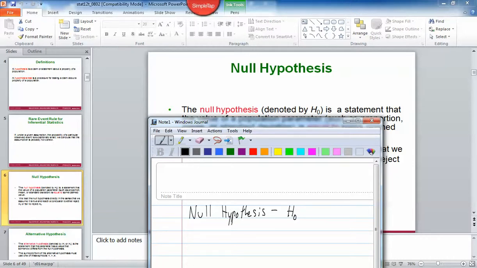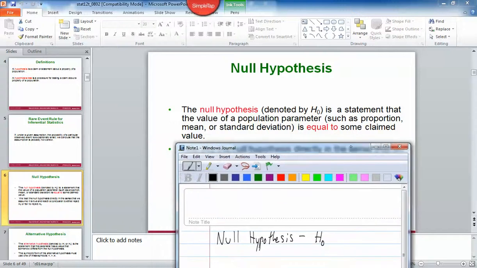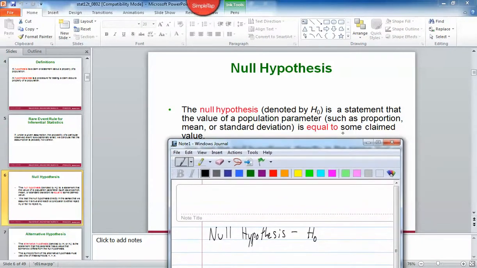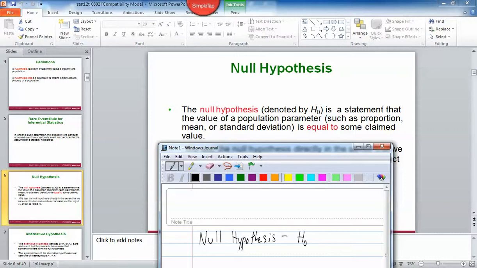Sometimes I may even just refer to it as H sub O, or I may just refer to it as a null hypothesis. Just know that I'm talking about the same thing. The null hypothesis is a statement that the value of a population parameter is equal to some claimed value.